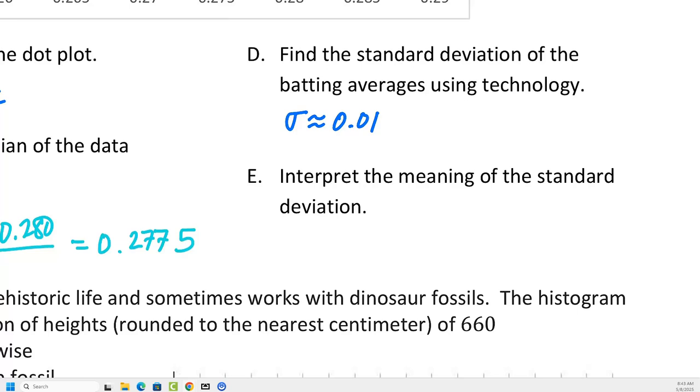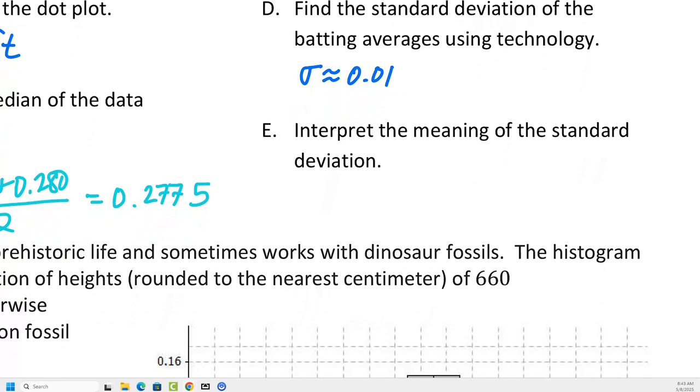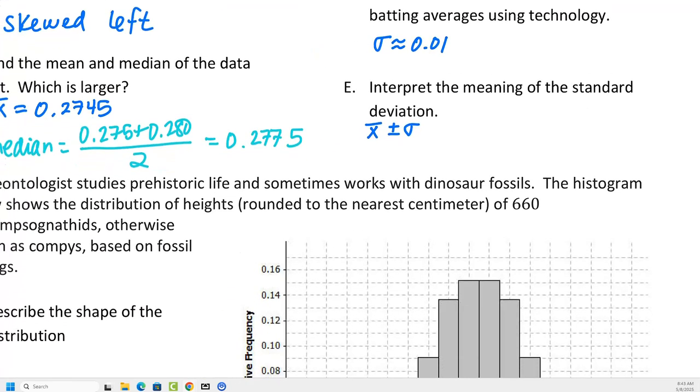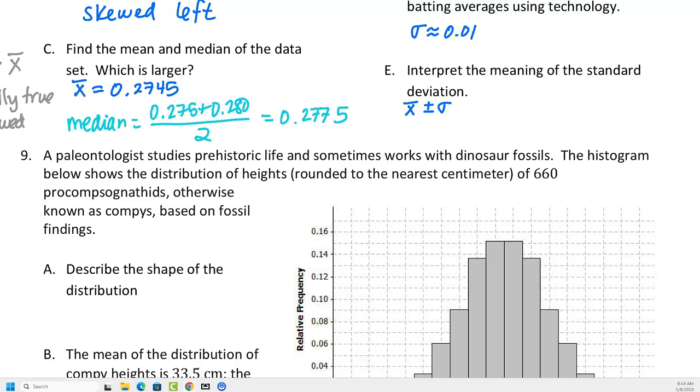If I interpret the meaning of the standard deviation, that means that most of the data is going to fall between the average plus or minus the standard deviation. So the average in this case is 0.2745, and then plus or minus the 0.01.